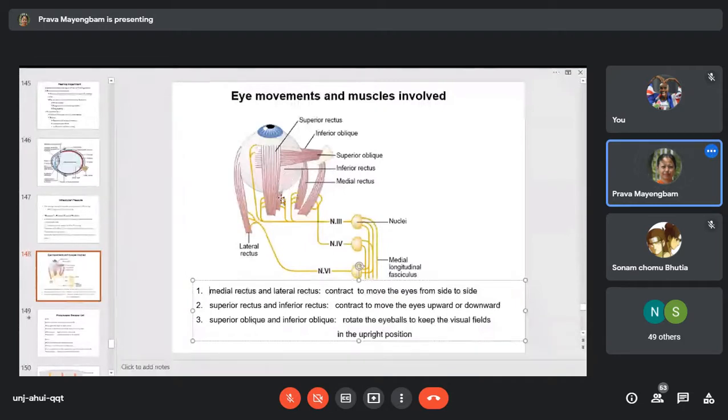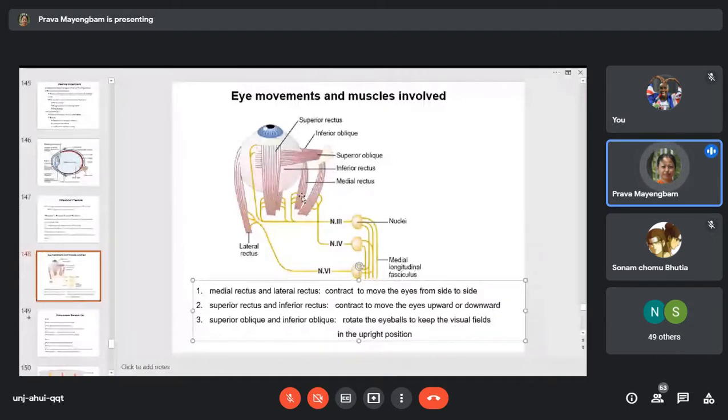They contract to move the eyes upward or downward. By contracting, the superior rectus pulls the eye up while the inferior rectus relaxes, and the inferior rectus contracts to move it down.